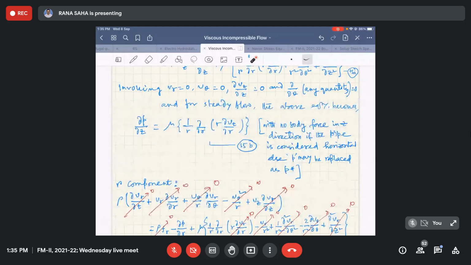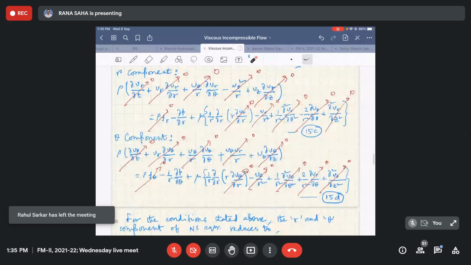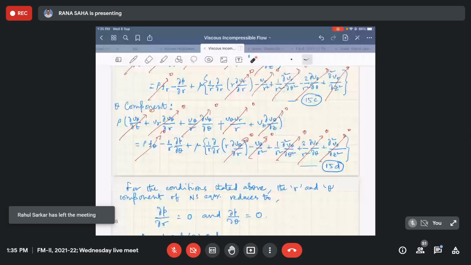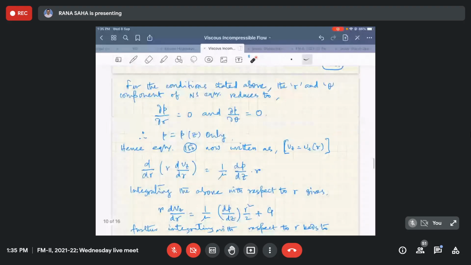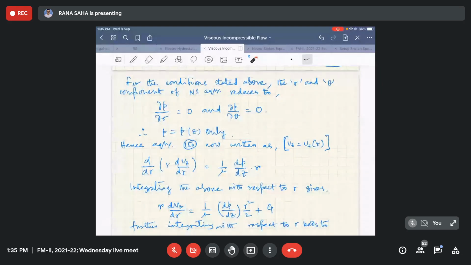That is being ratified by this theta component of Navier-Stokes equation. So ultimately from these conditions we arrive that the static pressure is not at all a function of R and theta. It is basically a function of Z only.